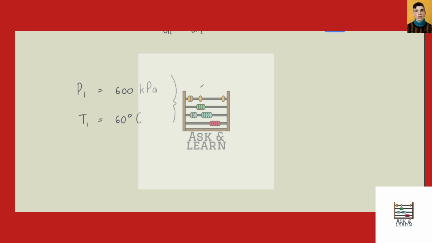So going to our tables, this corresponds to a specific volume v1, which is vf at 60 degrees Celsius, and this is 0.001017 cubic meter per kg.